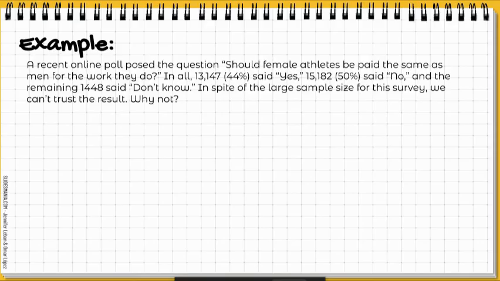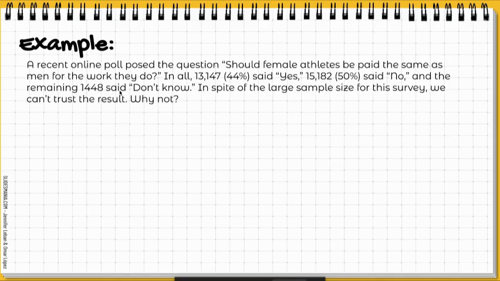In spite of the large sample size for the survey, can we trust the result? So look at our yeses. Even though it says 44%, that's 13,000. Nos say 50%. It's 50%, 15,000 said no. The remaining, almost 1,500, said don't know.